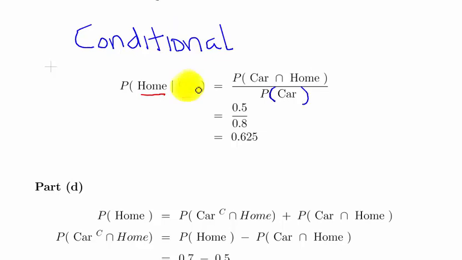Whatever is on the far side of the bar, the part you verbalize as given that, should be in the denominator. So that is equal to the probability of car and home insurance divided by the probability of car insurance. We worked out in part B that car and home insurance is 0.5, and the probability of car insurance is 80%, 0.8. Dividing 0.5 by 0.8, we get 0.625.